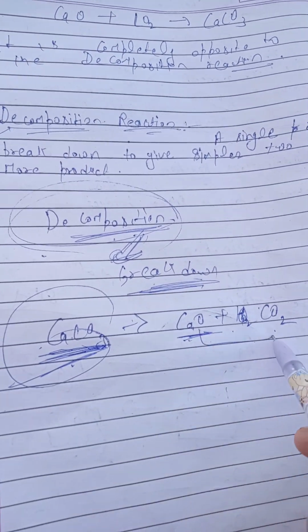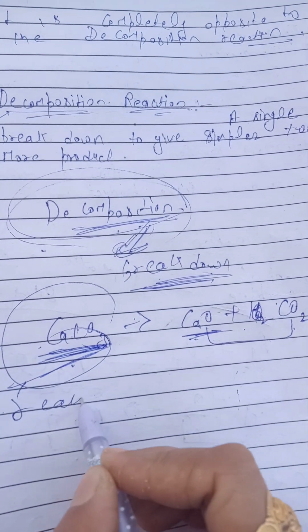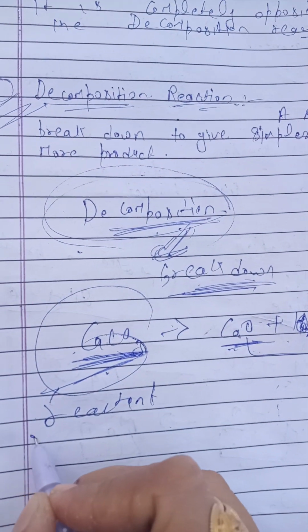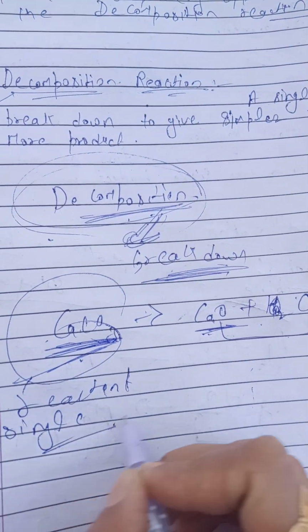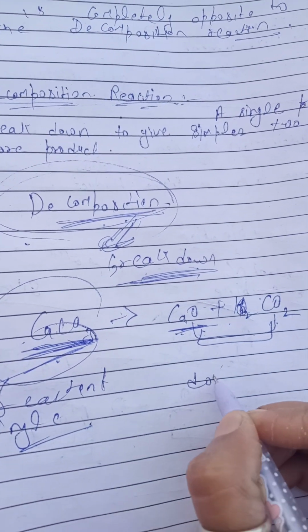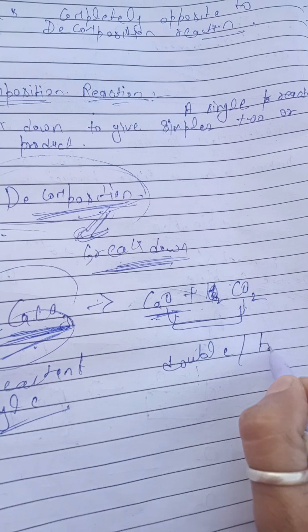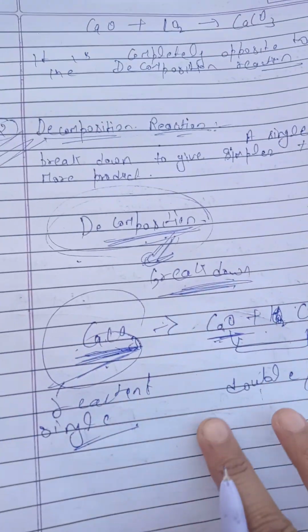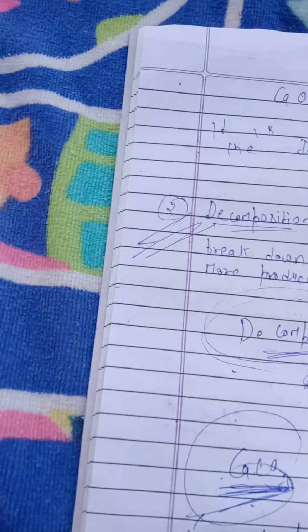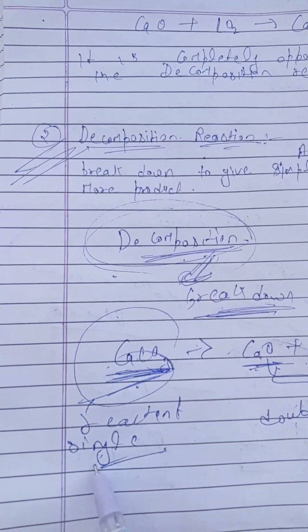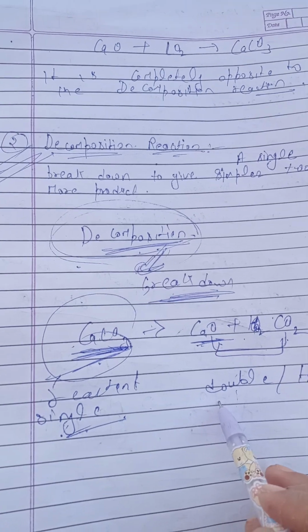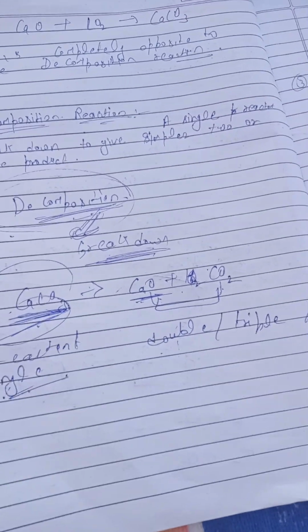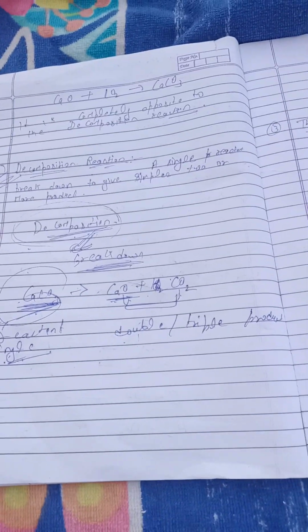This is the single reactant and it gives double or triple products. When a single reactant is converted into two or more simple products, this is called the decomposition reaction.